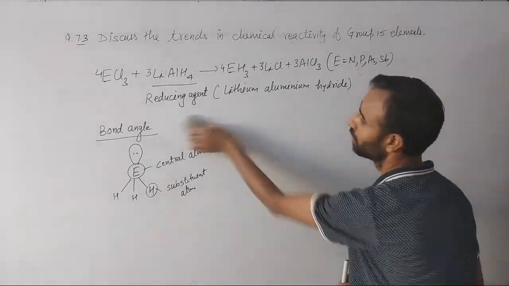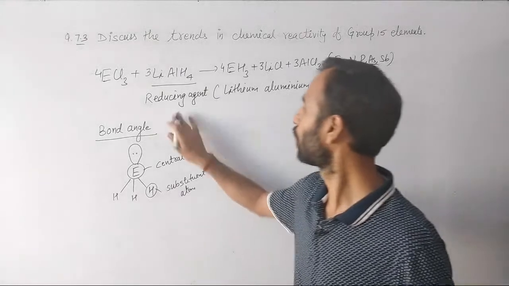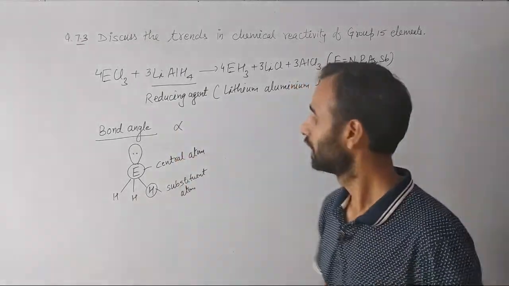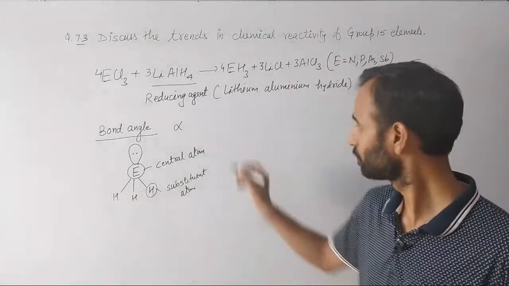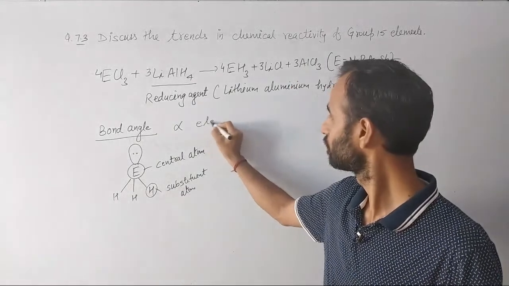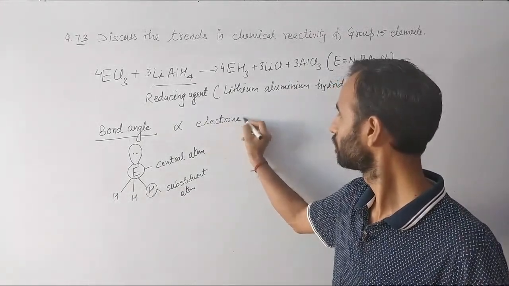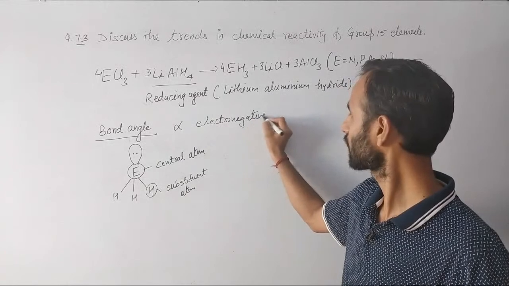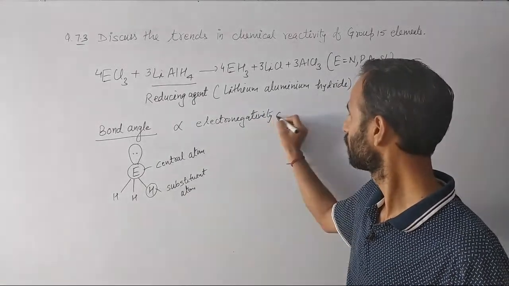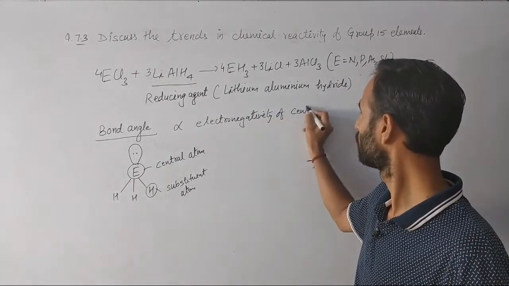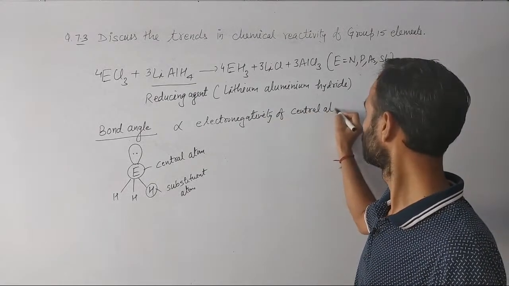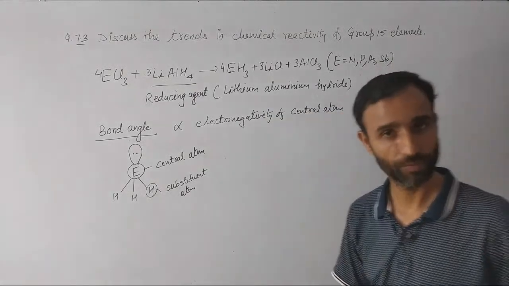Now, you know, bond angle is proportional to electronegativity of central atom.